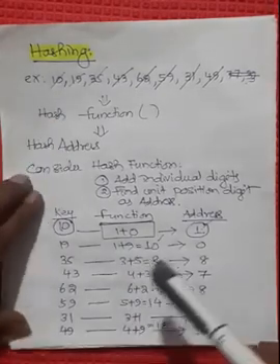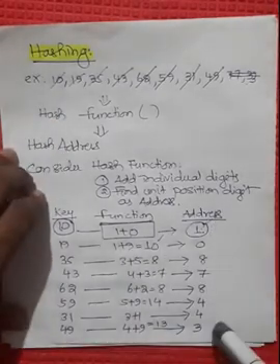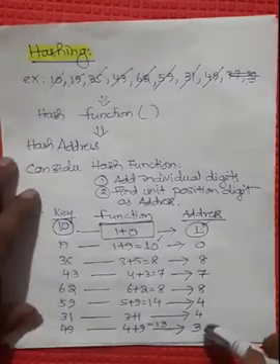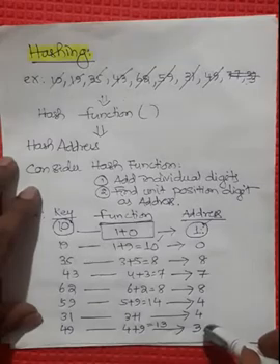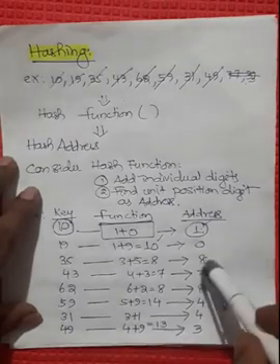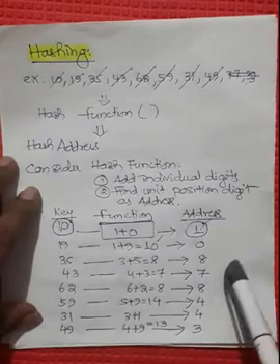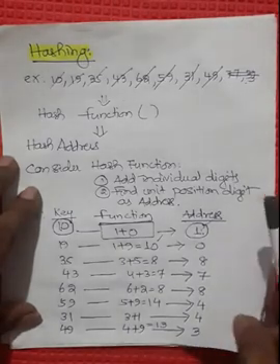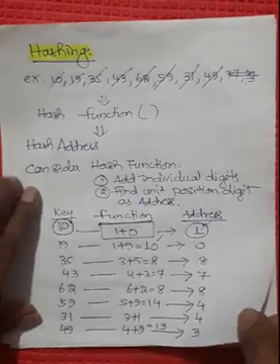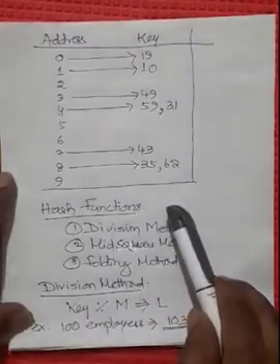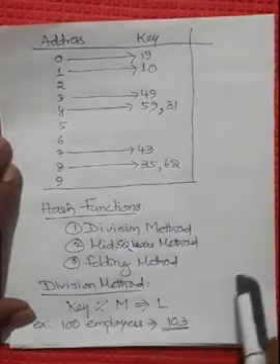We have to implement it so that addresses are unique, though it may not always be possible. In rare cases where addresses are repeated, there are certain methods to handle that situation. Let us move forward to understand what hash functions are available.